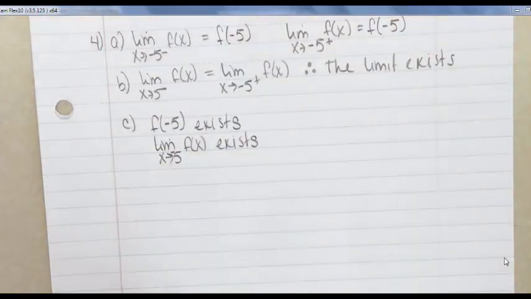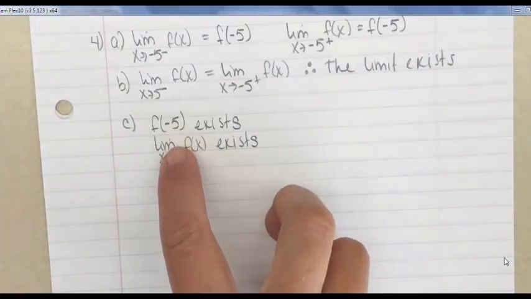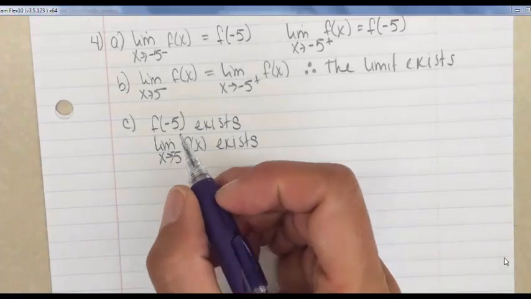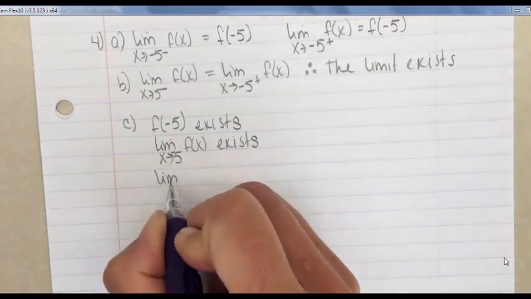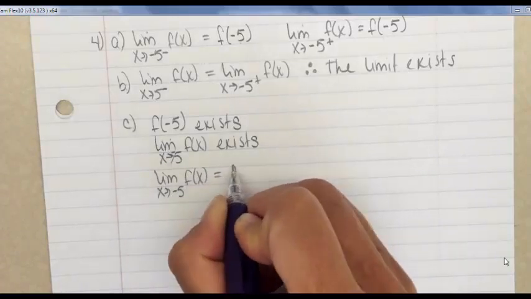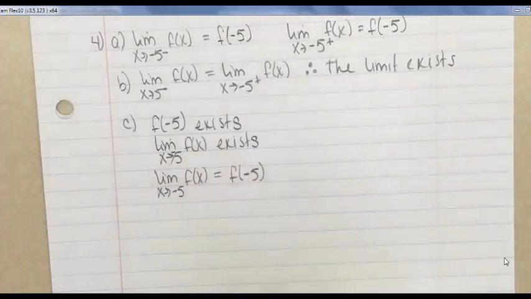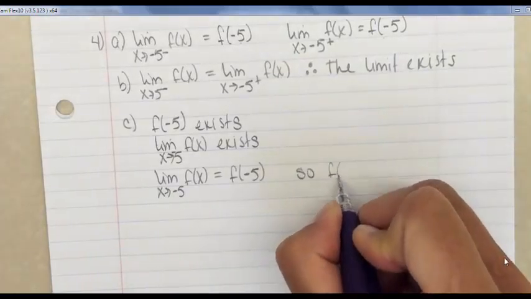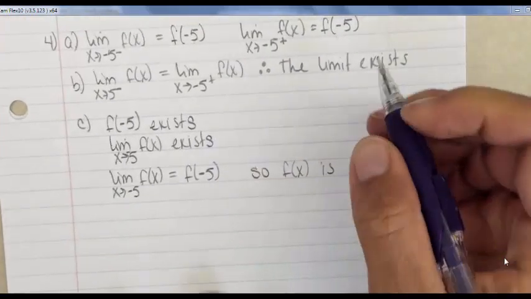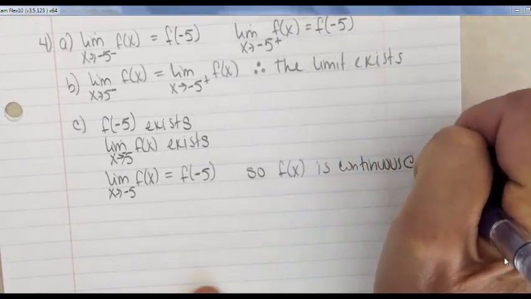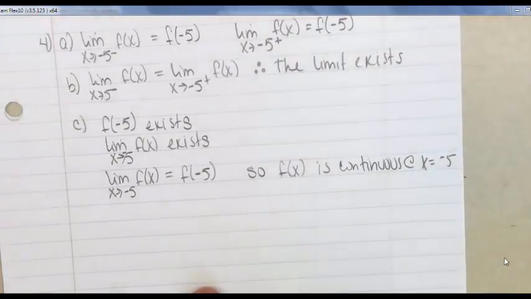And now the question is, are the limit and f of negative 5 exactly the same? They actually are. So we can say the limit as x approaches negative 5 of f of x is equal to f of negative 5. So f of x is continuous at x equals negative 5.